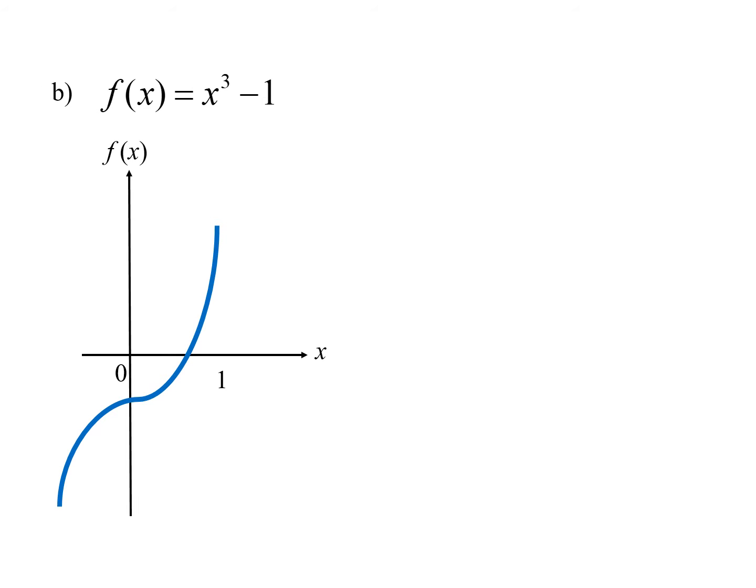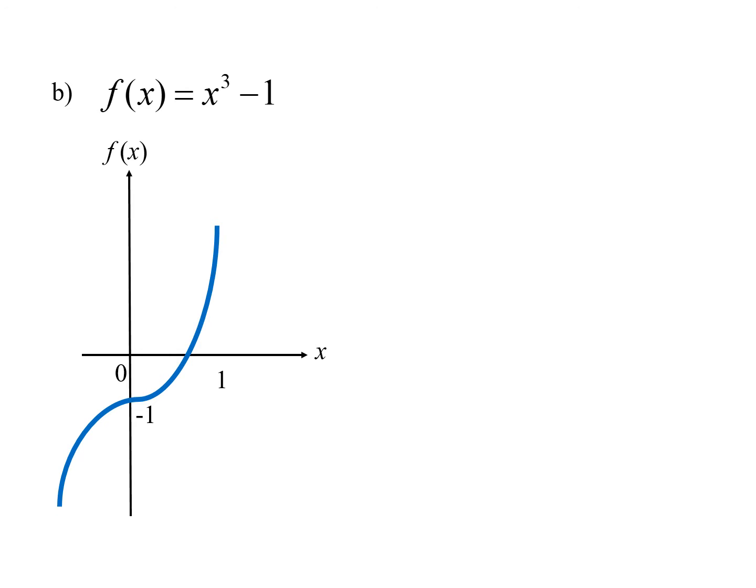Now, for question B, we have a function f(x) equals x cubed minus 1. So this is a cubic function. Since x cubed is positive, we draw from the positive side, and it has x-intercept 1 and y-intercept -1. So this is the graph of x cubed minus 1.